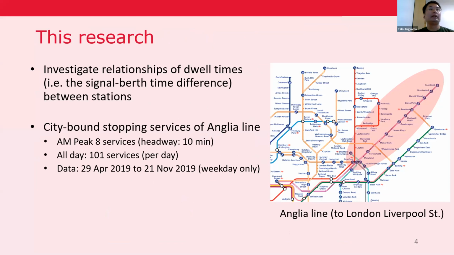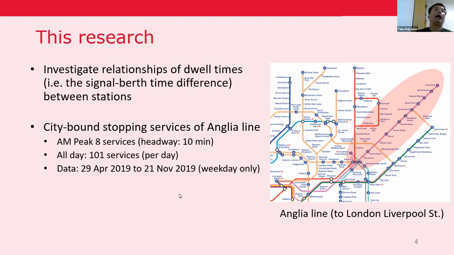In this research, we are looking into a particular line of the London suburban railway network. This is central London, and there's a line from Liverpool Street to a suburb. It's a line that in the peak picks up many passengers, and then many people get off at this station, Stratford, to change to the underground system, and the train itself continues to Liverpool Street.